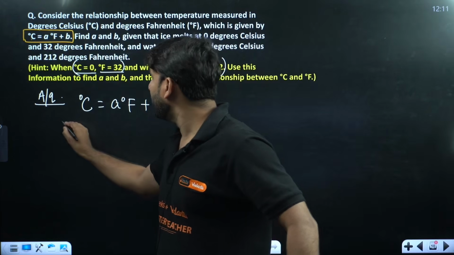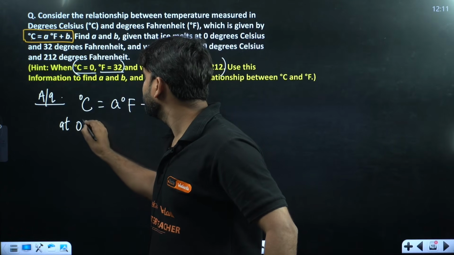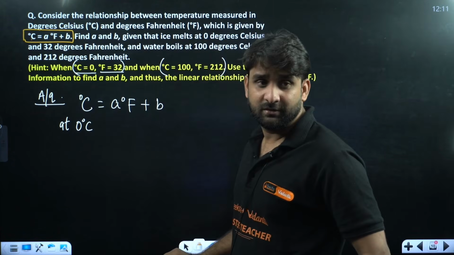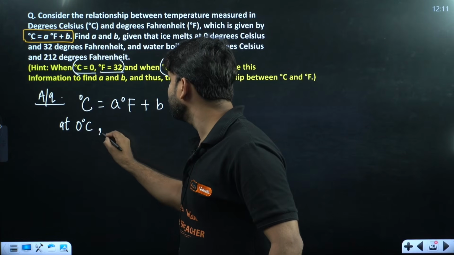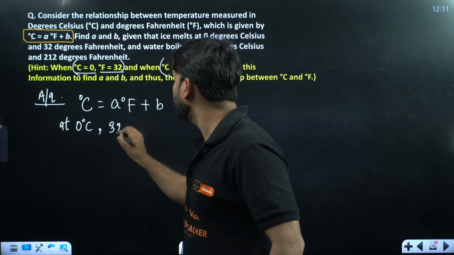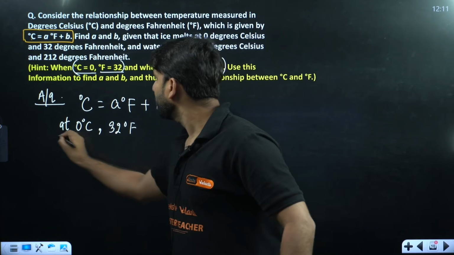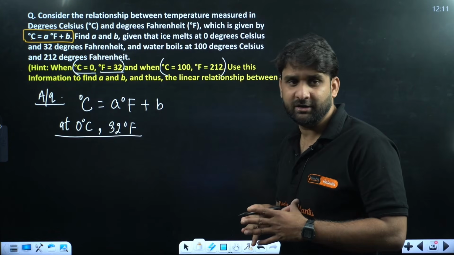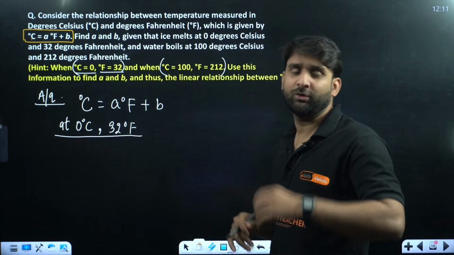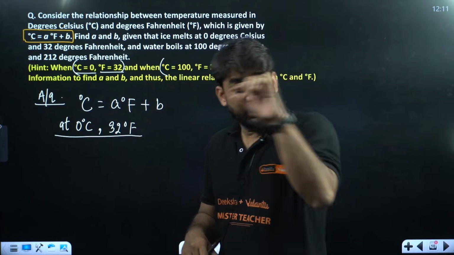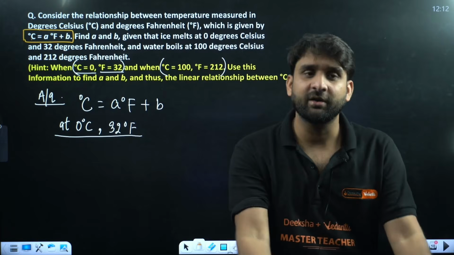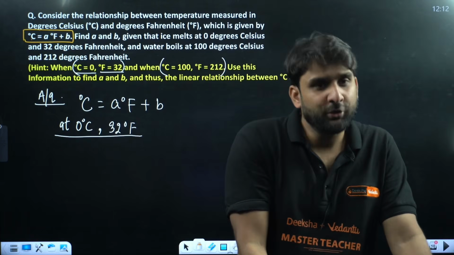So write down, at 0 degree Celsius, 32 degree Fahrenheit is there. So in the temperature scale, 0 degree centigrade is equivalent to 32 degree Fahrenheit. I hope you are getting my point.